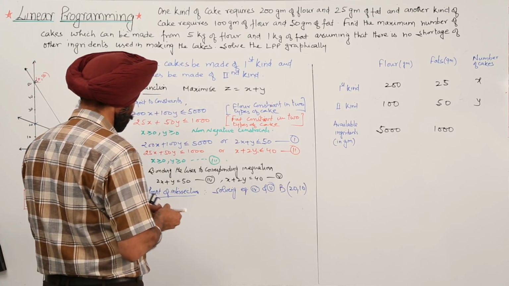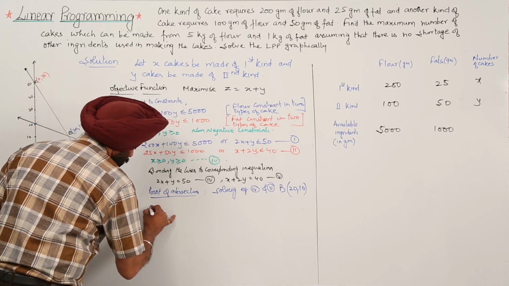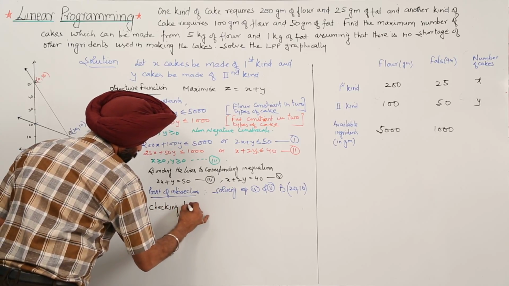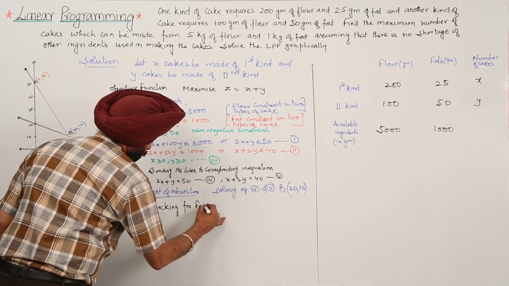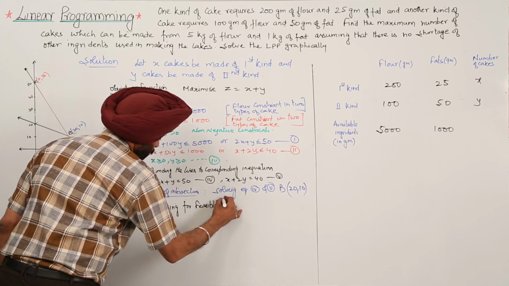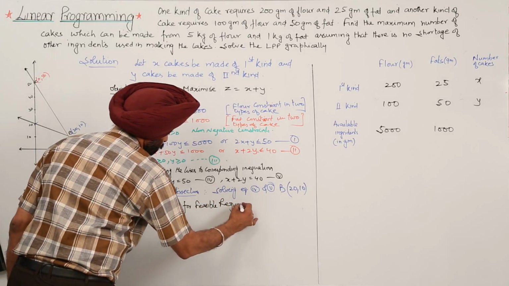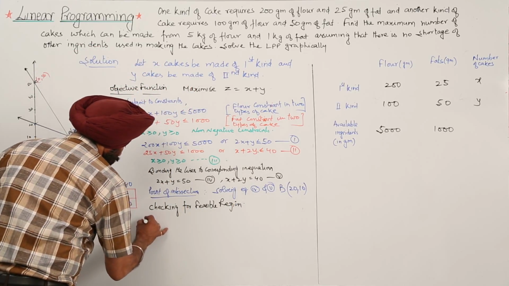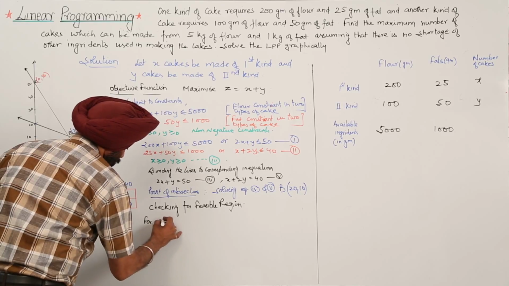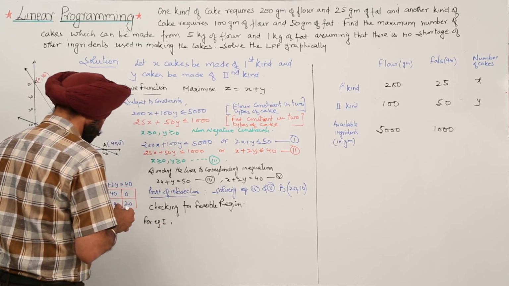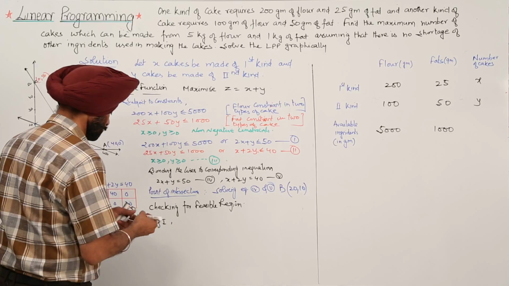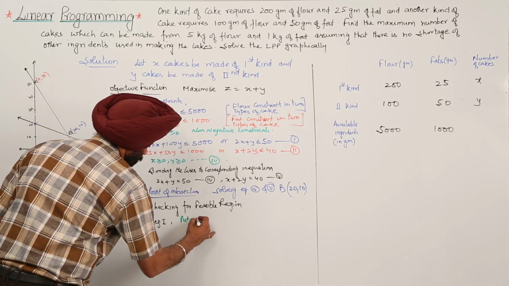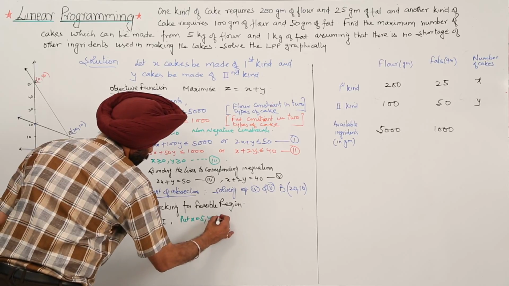Now checking for the feasible region. Taking an arbitrary point, first of all for equation 1, put x is equal to 5, y is equal to 5.